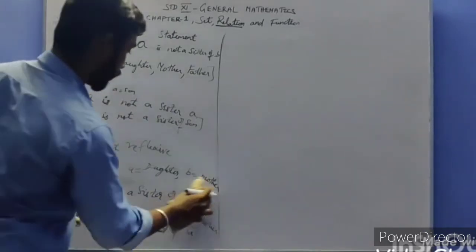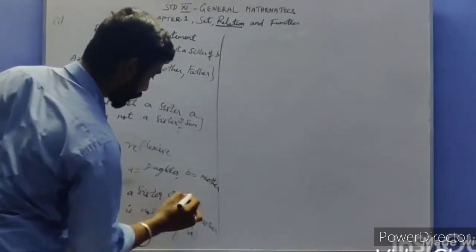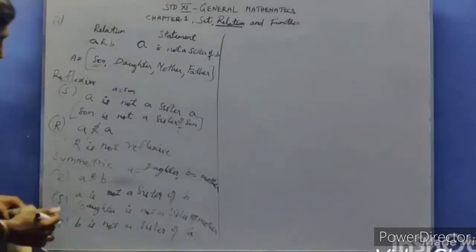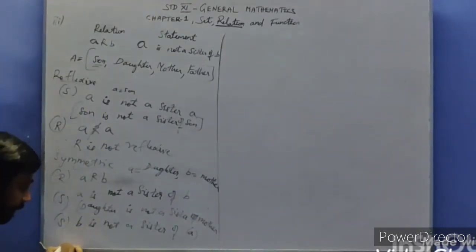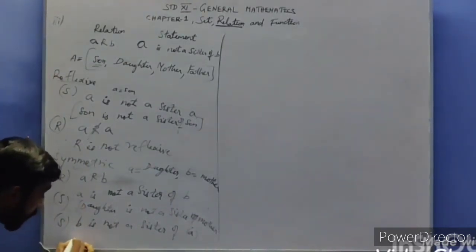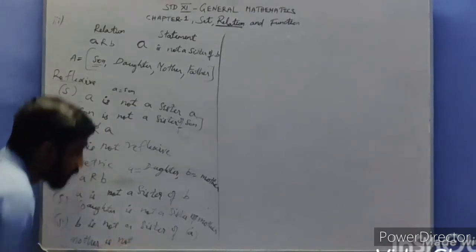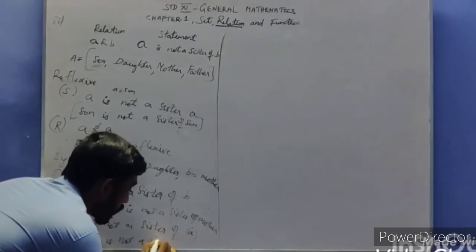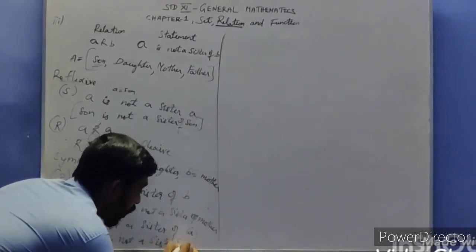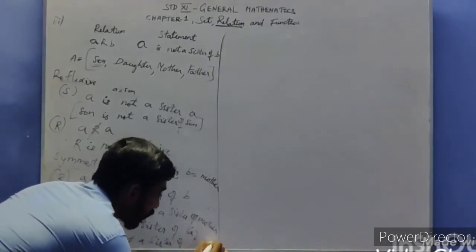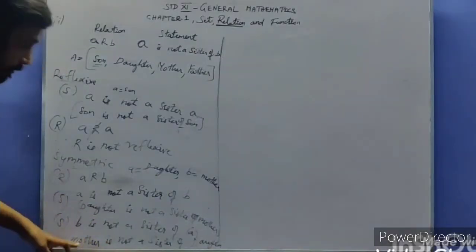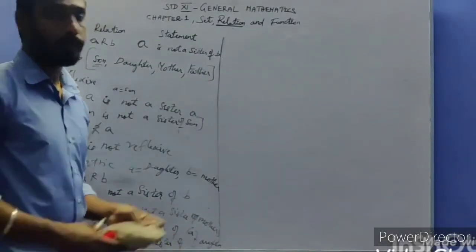Here write the B. Then here the relation. So now you write the example. That is, mother is not a sister of daughter. So listen here. Mother is not a sister of daughter.